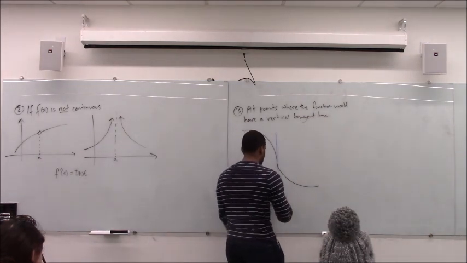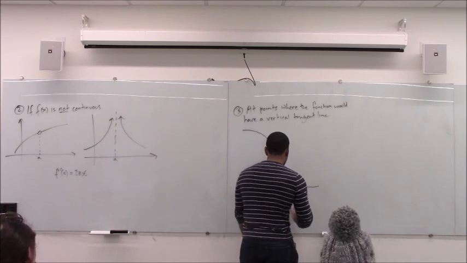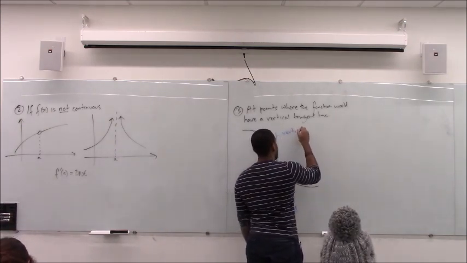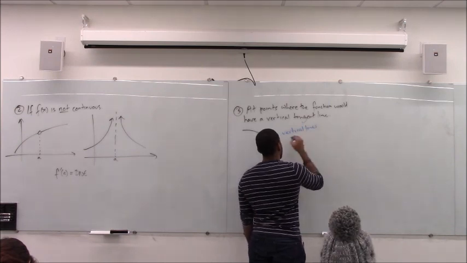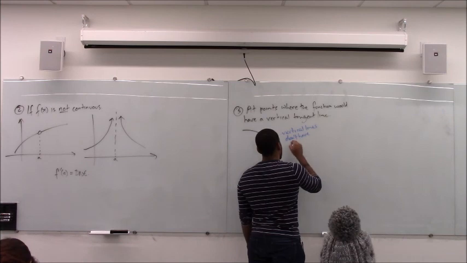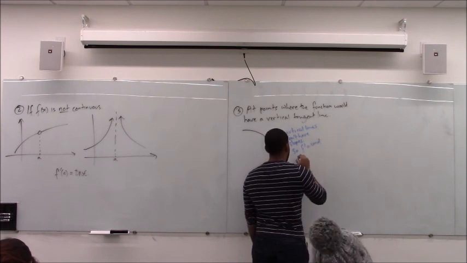So, vertical tangent. But, of course you know, vertical lines don't have slopes. So, your f prime is undefined at this point.